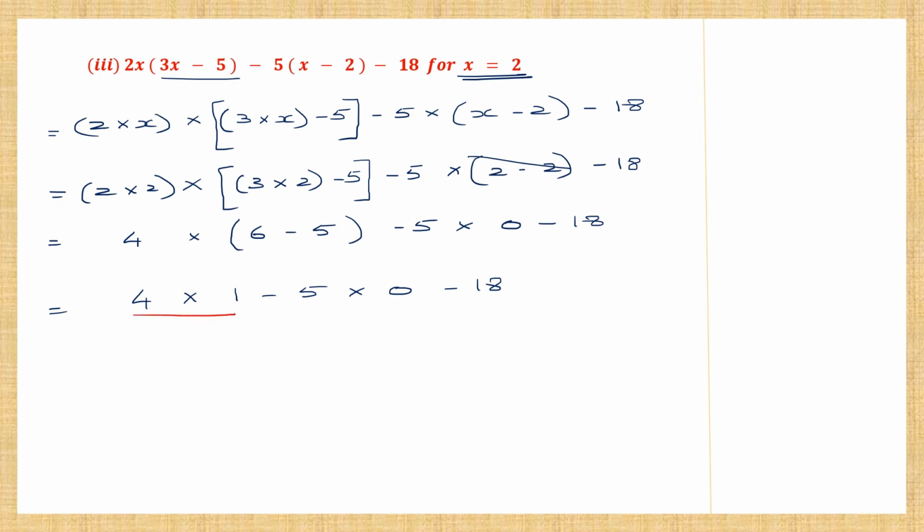So here we have 4 into 1 and here we have 5 into 0. So the multiplications first. 4 ones are 4 minus 5 zeros are 0 and minus 18. Now here what do we have? 4 minus 0 is 4 minus 18 here. So sign of the bigger number and subtract. 18 minus 4 is 14. So our final answer here is minus 14.